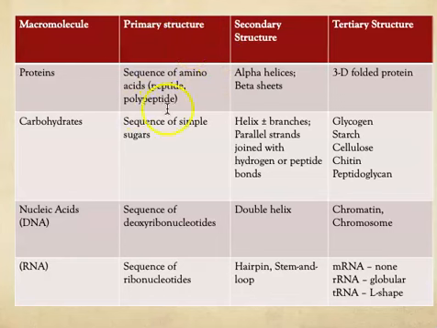Now, when that chain of amino acids begins to fold, it gets into its next level of structure, its secondary structure. For proteins, we're going to see both alpha helices and beta sheets forming. Twisting, turning, folding up of the chain of amino acids. Those alpha helices and beta sheets will then begin interacting with each other, again, based on their chemistry.